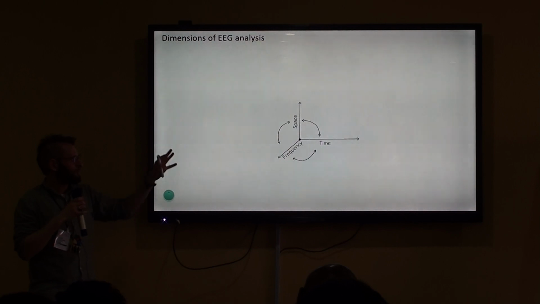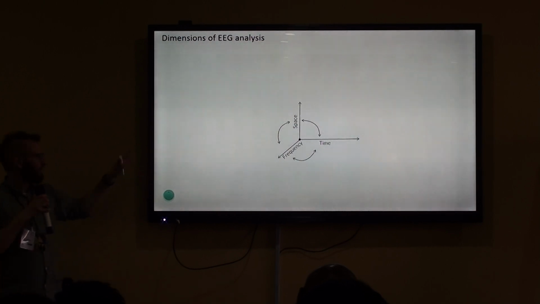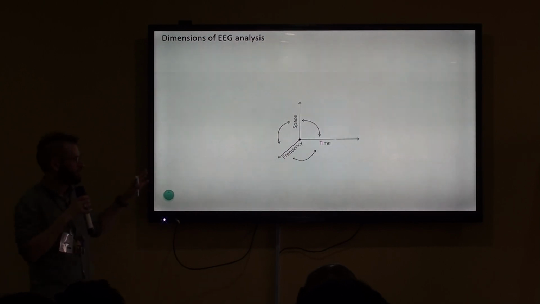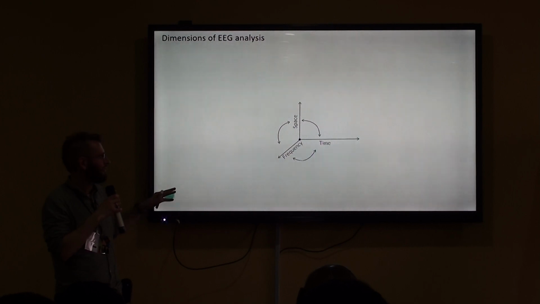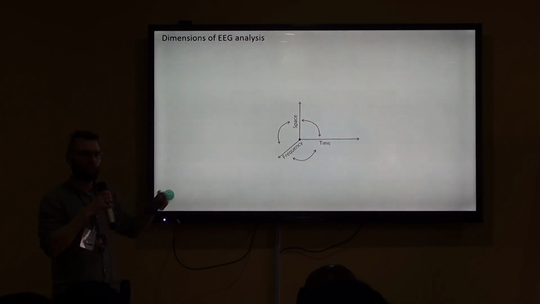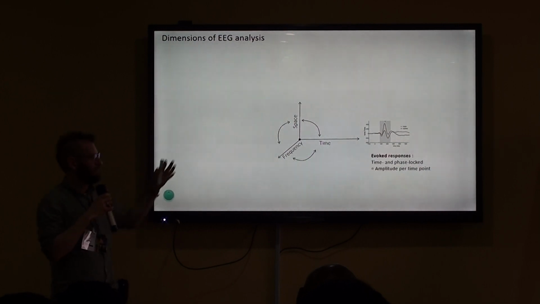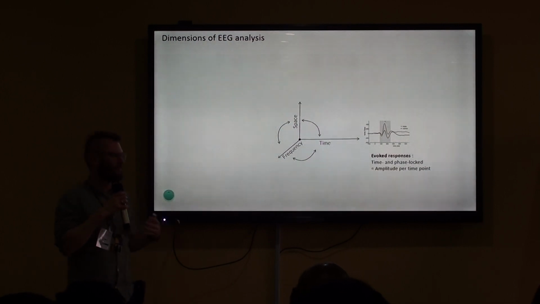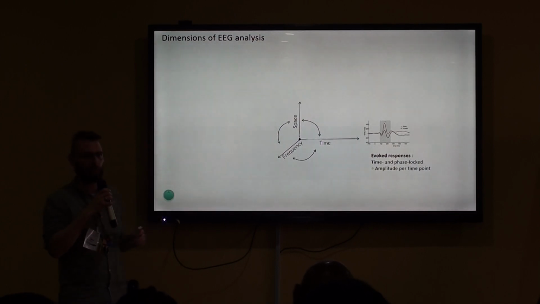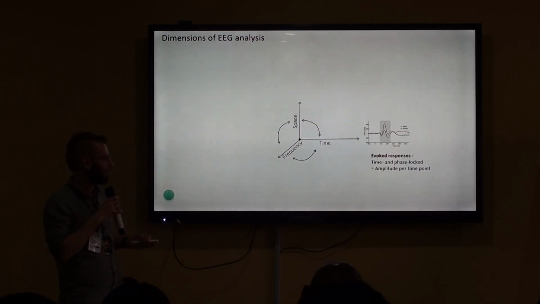I think to borrow another metaphor, we have some dimensions that we can look at the EEG data along, and that is time, frequency, and space. Time would be the very typical ERPs that we would look at, like how the responses to a stimulus evolve over time.